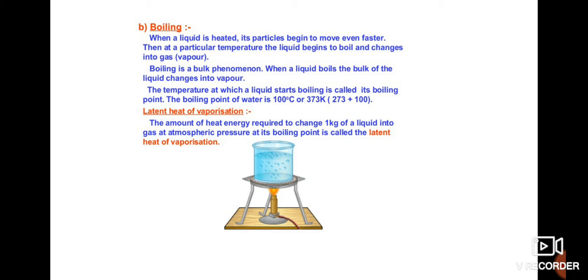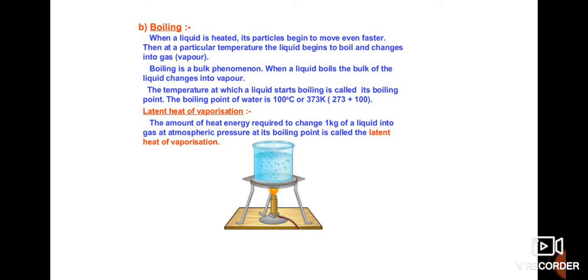In a similar fashion, we come to a topic called boiling, otherwise called vaporization, which is the process by which a liquid is converted to vapor state by heating at its boiling point. Remember, boiling is a bulk phenomenon. That means the complete molecules of the liquid will start to get converted into the vapor state.